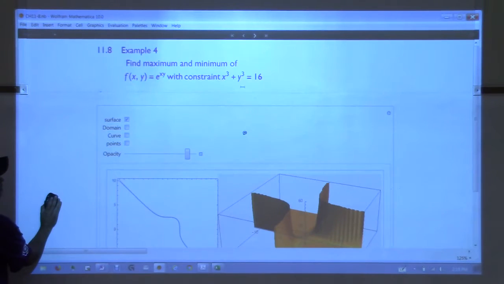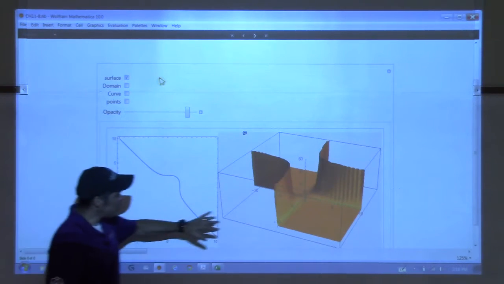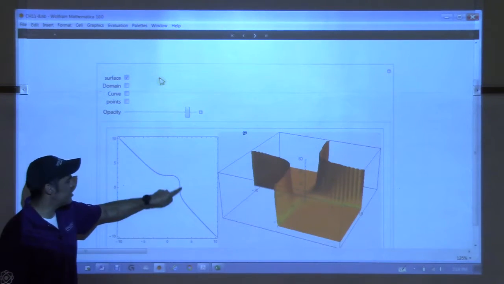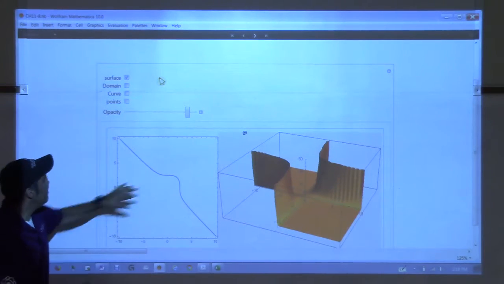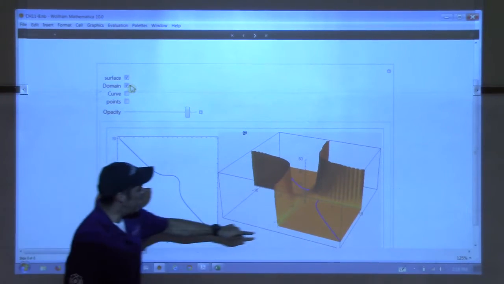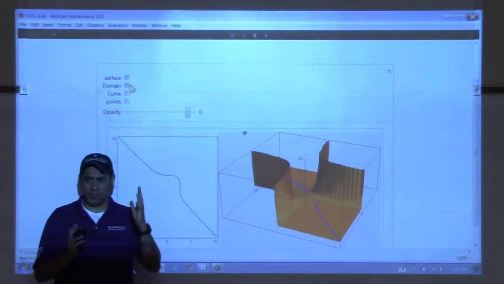Okay, so here's a surface, all right? We have this function e to the xy, and this time we're only going to be allowed to plug in points that live on this curve. So our domain, again, is on the ground. Okay, so this is the domain, and you're only allowed to take those points and plug them up into the surface.